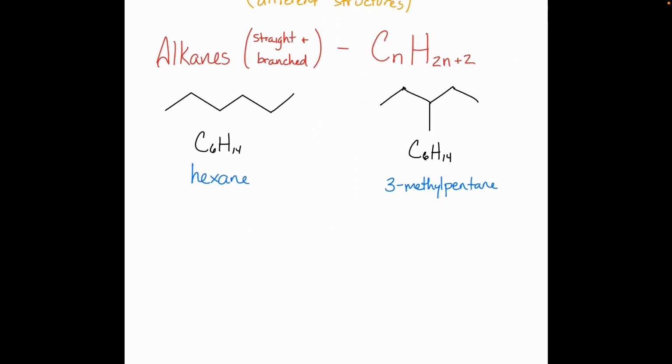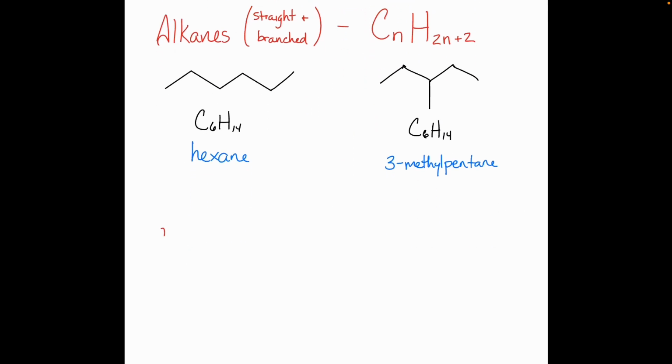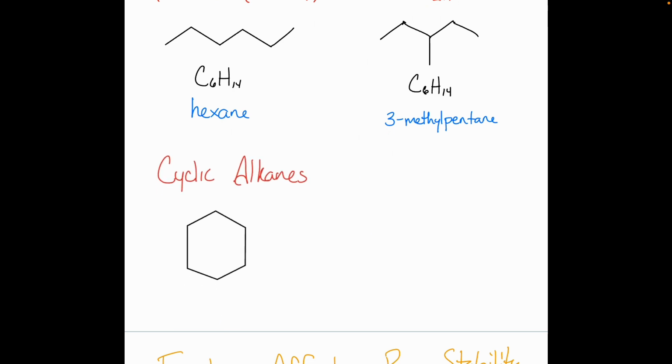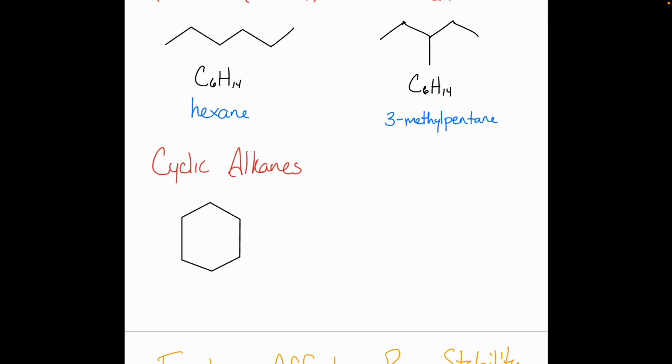Okay, cyclic alkanes do not follow this same sort of formula here. So everybody take a second, let's look at cyclohexane, these 6 carbons in a hexagon. Take a second and tell me what my molecular formula is for this molecule.